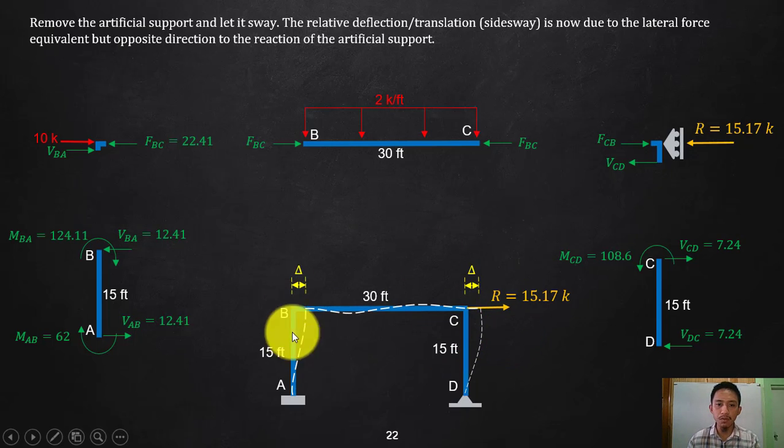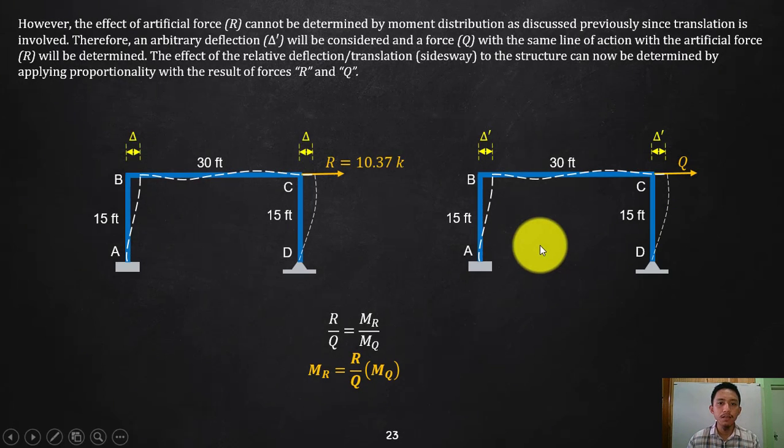Now we will try to analyze this effect of your R and of course your delta, which is the total effect of the sidesway to your frames, or to your members of the frames. So how is that? If you try to read this one: however, the effect of artificial force R cannot be determined by moment distribution as discussed previously since translation is involved.